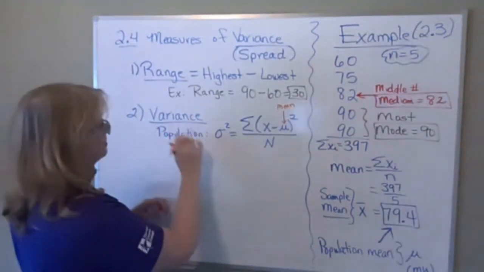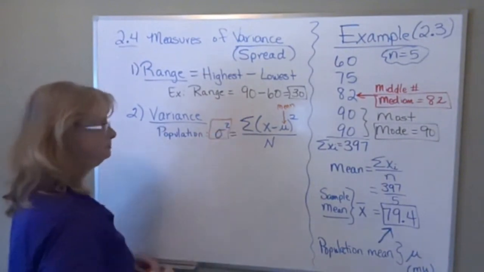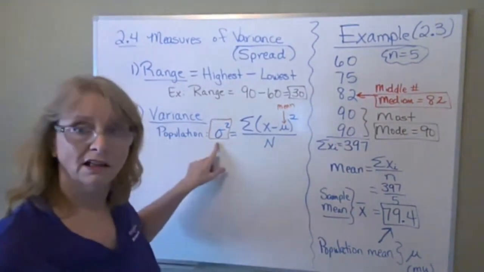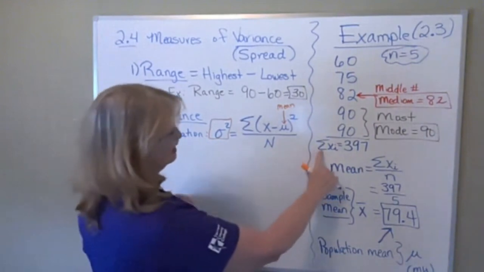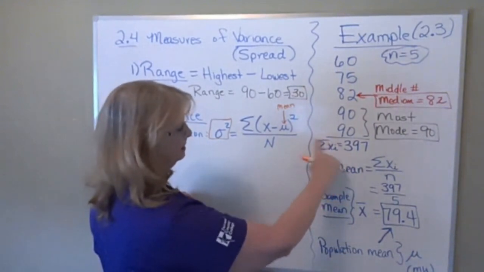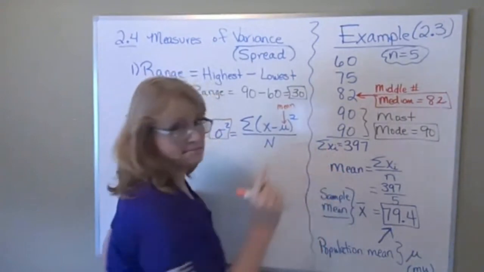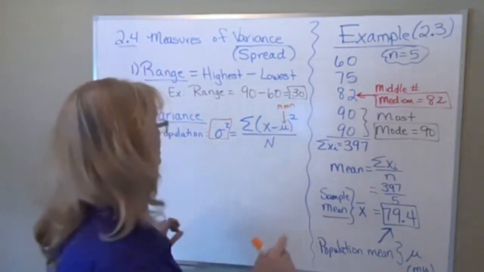Now the symbol for population variance is this symbol right here. It looks sort of like, this is a Greek letter. This is a lowercase sigma. This is an uppercase sigma that looks like an E kind of. That's an uppercase sigma, and it means sum, S-U-M, sum.